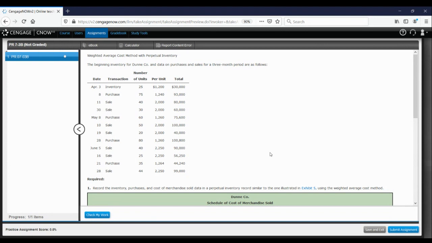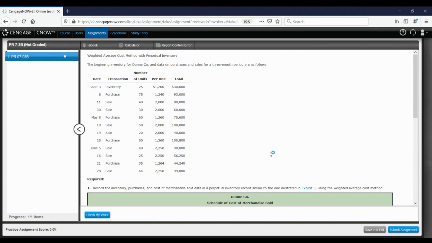Now, you'll remember that we said that management could choose from these methods and use whatever method that they deem necessary for their company. And you might remember that the FIFO method matches the flow of inventory, the coming in of inventory and the going out of inventory.